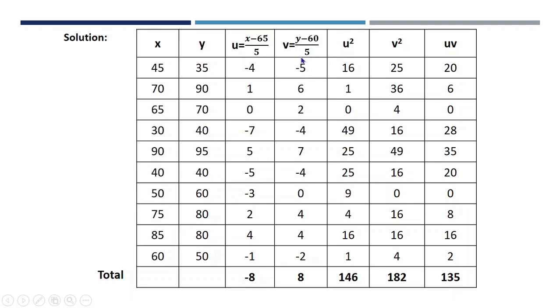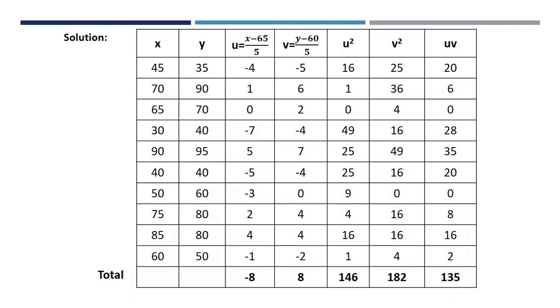Similarly, we are calculating v as (y minus 60) divided by 5. So 35 minus 60 divided by 5 is minus 5. 90 minus 60 divided by 5 is 6, and so on. Now this is the sum of all the v values.